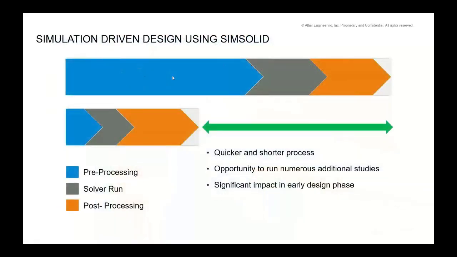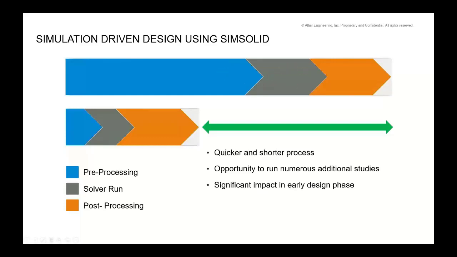So if we're going to compare between the traditional FE process, that'll be the top bar here, where a lot of time is invested into the pre-processing of it. I'm sure you guys have gone through the pains of bringing CAD in, and it might not always be perfect, so then you're sat there cleaning the CAD up, making sure that all of your surfaces are connected properly, and then after you've done that, you need to make sure that you give it a mesh that represents your geometry well enough, and that it's of good quality so that you won't get rubbish results.